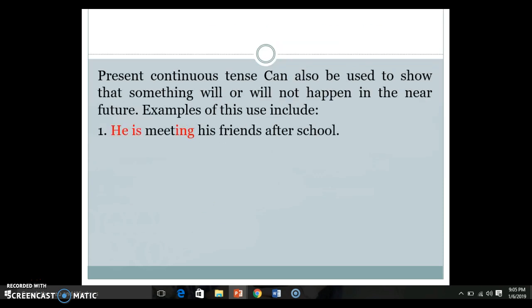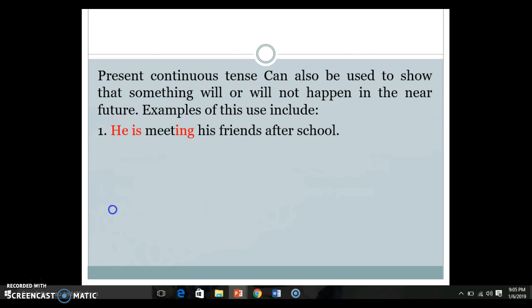Okay. The third is present continuous tense can also be used to show that something will or will not happen in the near future. Example, he is meeting his friend after school.